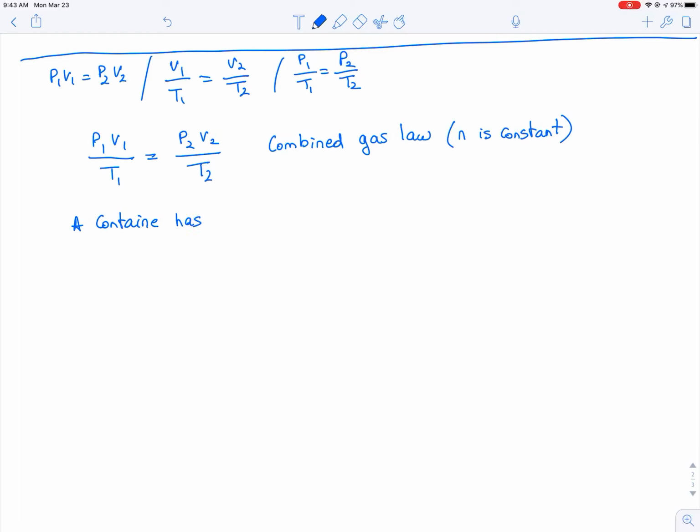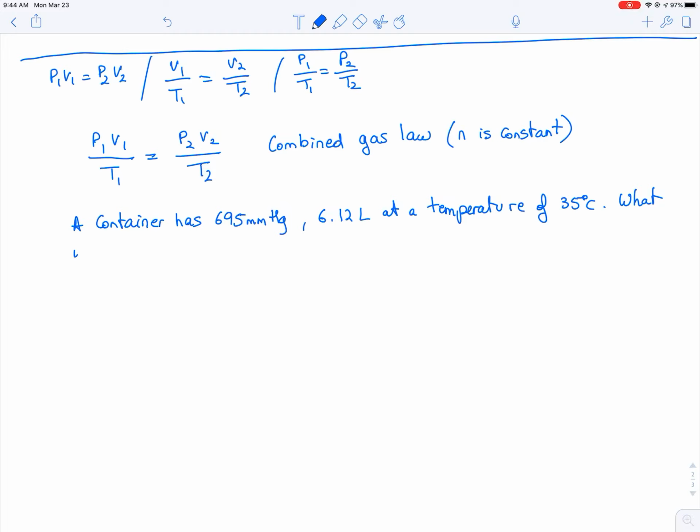A container has 695 millimeter of mercury in pressure, 6.12 liters in volume at a temperature of 35 degrees Celsius.